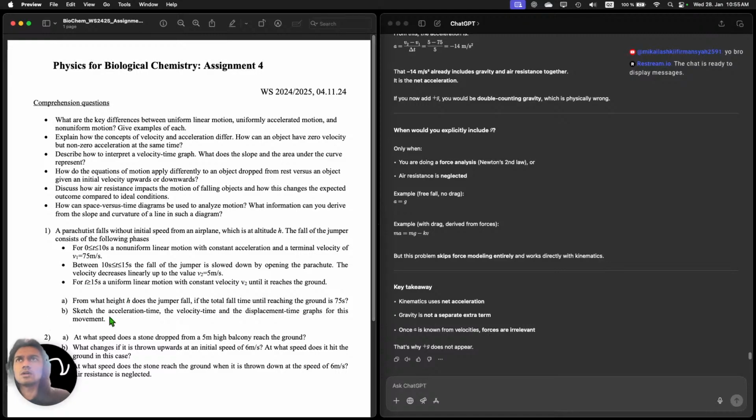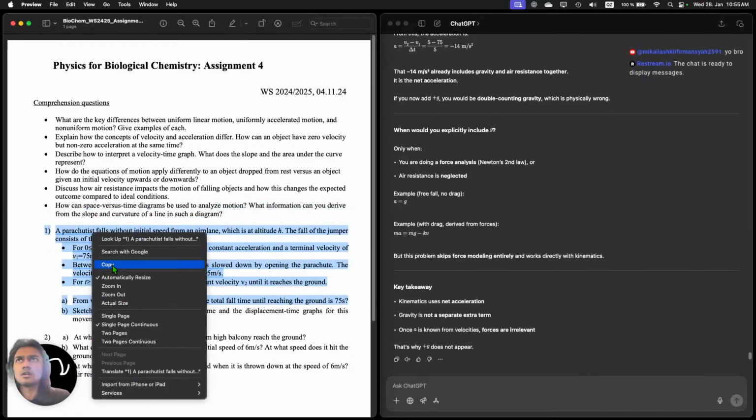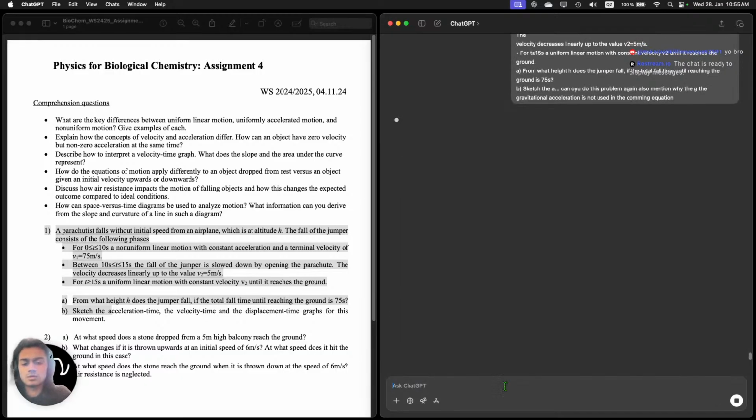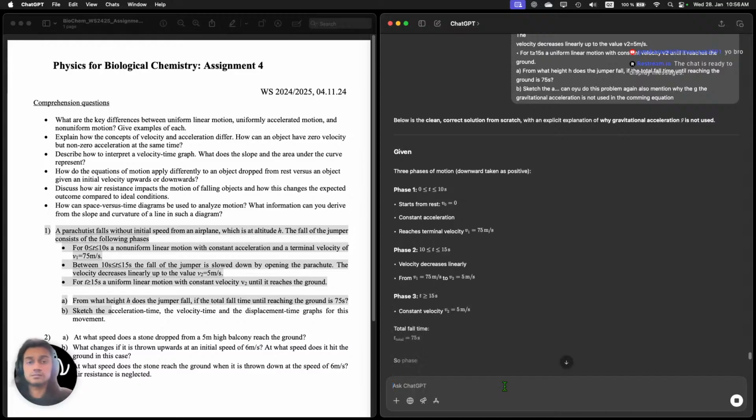Can you also mention why g, the gravitational acceleration, is not used in the common equations? Am I that stupid? Might be.